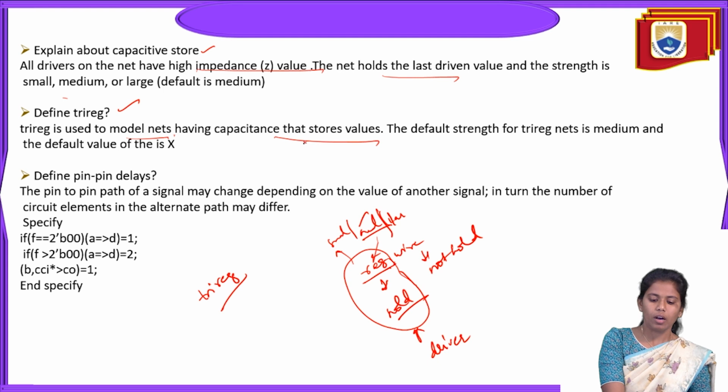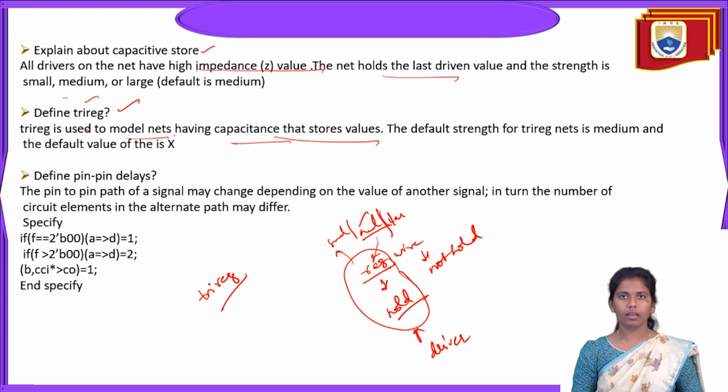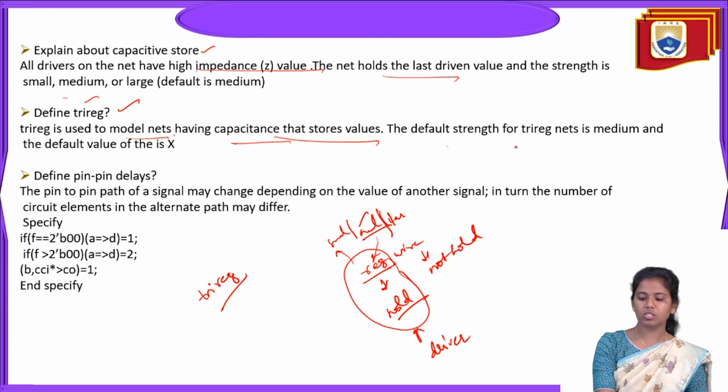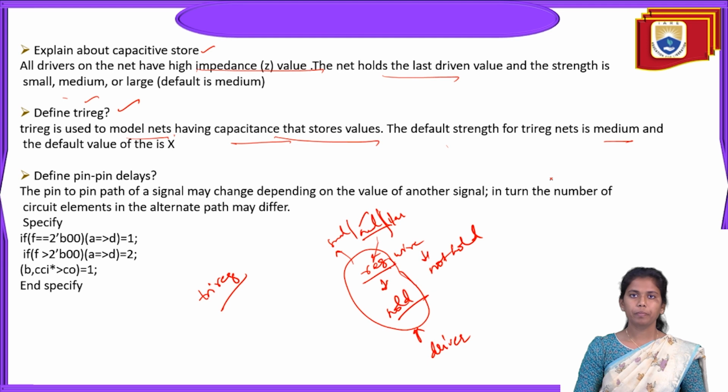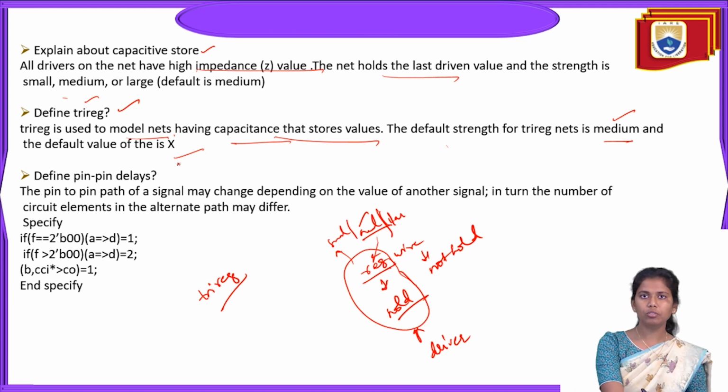For the capacitance storage, we make use of this trireg. The default strength for trireg nets is medium, and the default value is X. So the default strength of a signal based on trireg is at a medium level, and the default value is X.